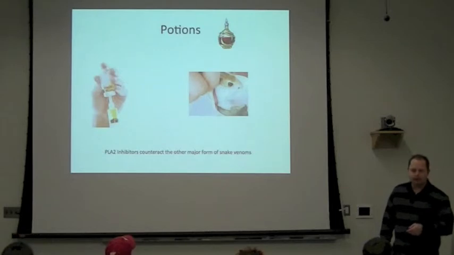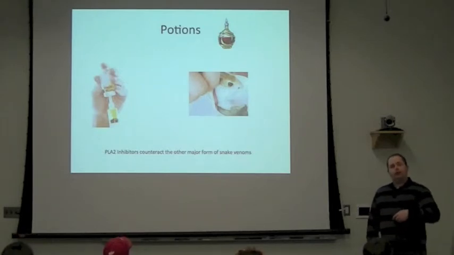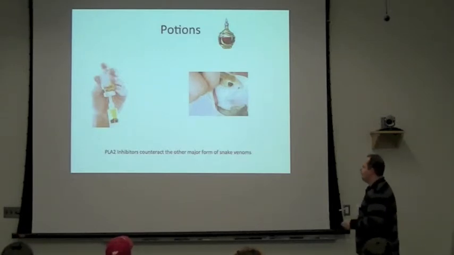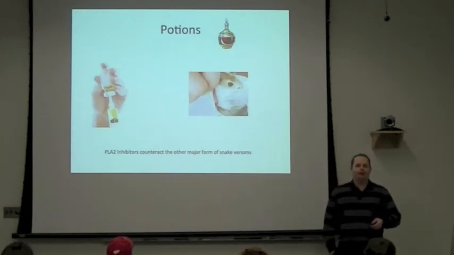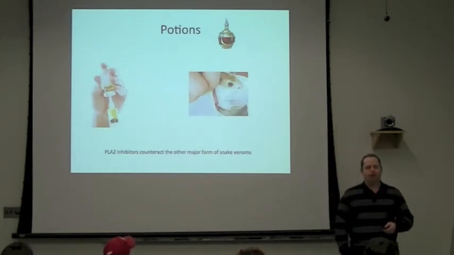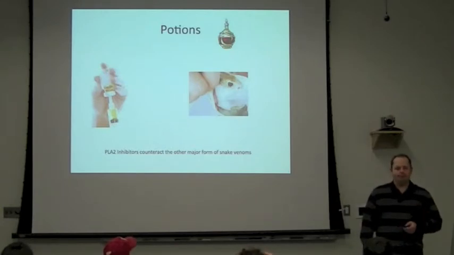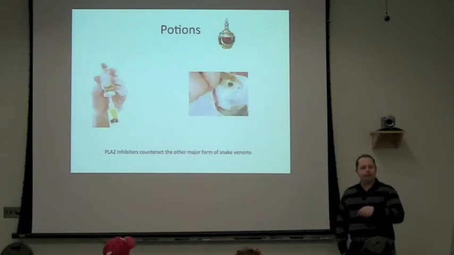It lyses cells. Well, in their blood, they're synthesizing PLA2 inhibitor. PLA2 inhibitor is just a three-finger domain protein that's floating around in the cell. So they're making two kinds of three-finger domain proteins. One will kill people, and the other will save them. One is a venom. The other is an anti-venom to another form of the venom.